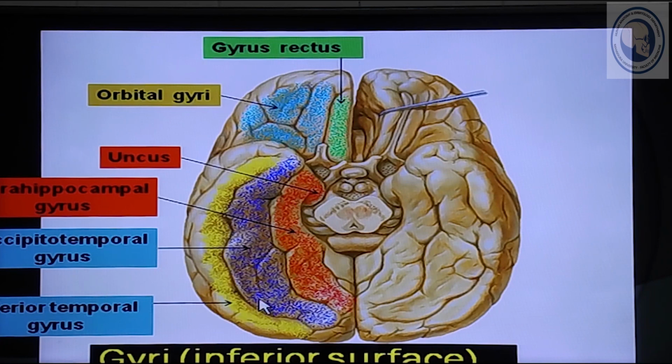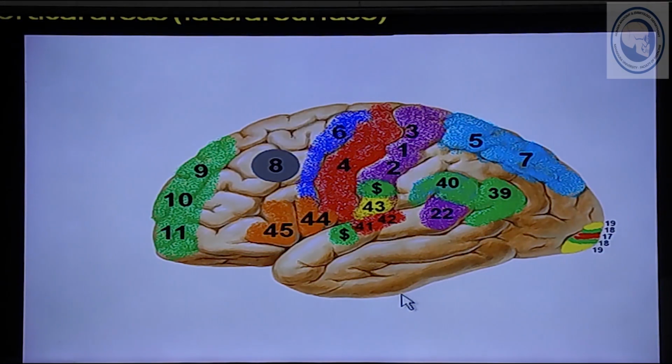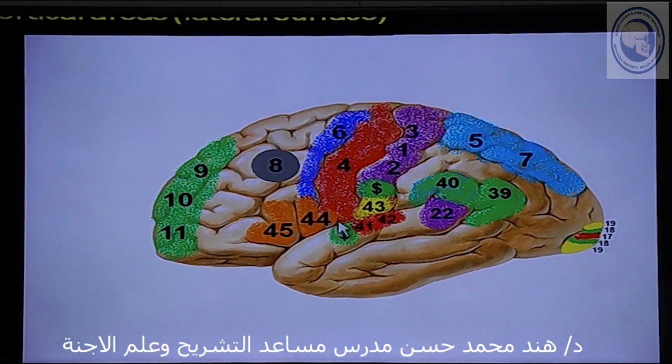The importance of knowing these sulci and gyri is to know the site of the important cortical areas. What about cortical areas present on the lateral surface? We will find that the frontal lobe contains the motor areas, while the other three lobes, parietal, occipital, and temporal, contain the sensory areas.